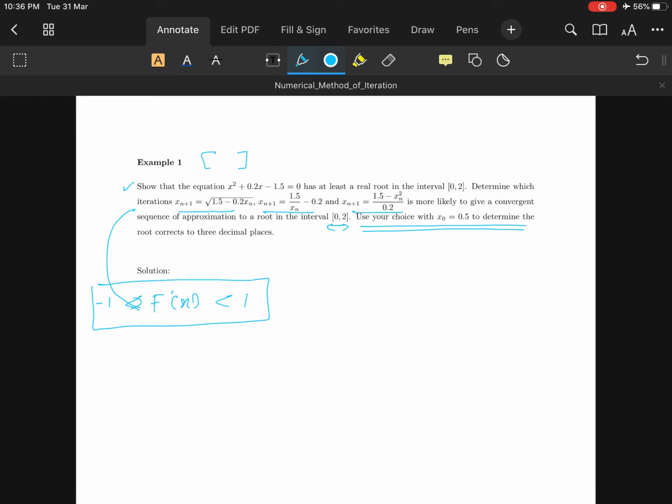So we have seen that x(n+1) equals 1.5 minus 0.2 xn will give you a convergent sequence that will give you the approximation of the root. So let's start. Let x0 equal 0.5 here.